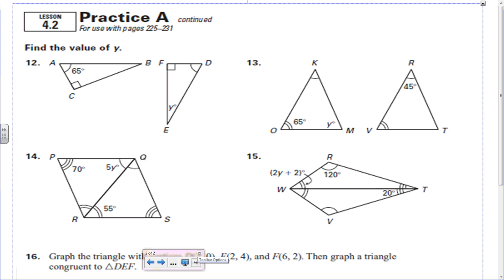Okay, now it says find the value of y. You know from the last section that the degrees of triangles add up to 180 degrees. Here we have a 90 and a 65, so that gives us 155. To find this third angle, you would just do 180 minus 155, which is going to give you 25.